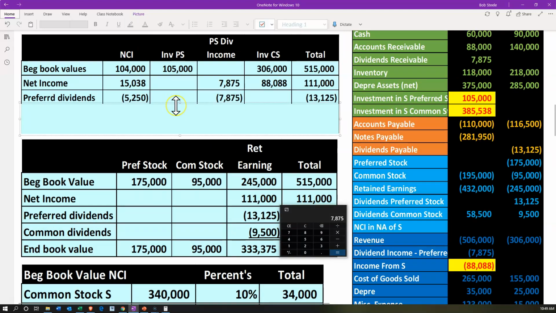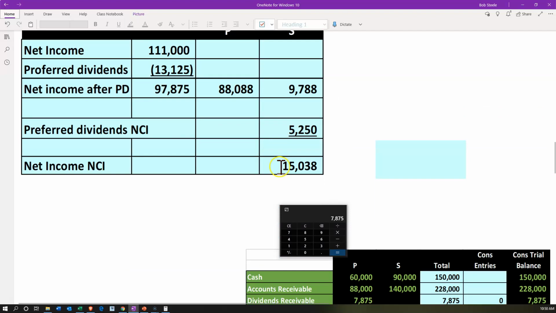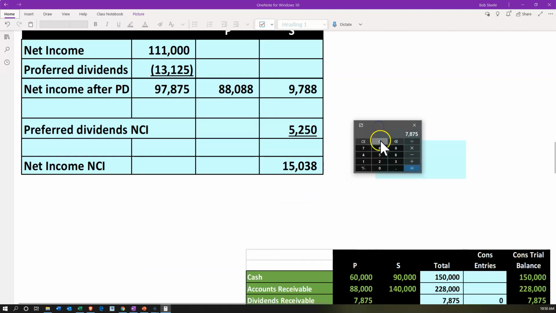Next line is the preferred dividends. So the preferred dividends, you can see, are the $13,125. The amount that's going to go to the non-controlling interest is going to be that $5,250, which we calculated down here. You could take the total dividends, the 13,125, times the non-controlling interest, broken out 60/40 for the preferred stock, so times 0.4.